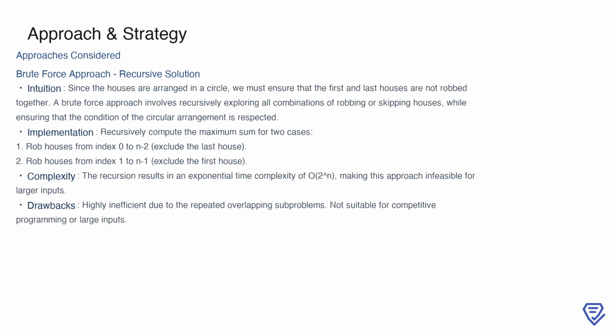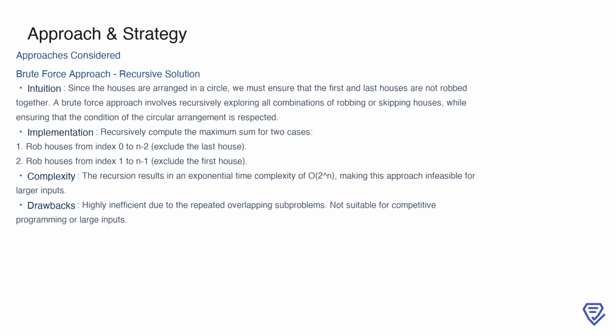To solve the House Robber 2 problem, we first consider a brute force approach. The main challenge arises from the circular arrangement of the houses, which means the first and last houses cannot be robbed together. A recursive solution could explore all possible combinations of robbing or skipping houses, but it must ensure that this circular condition is respected.